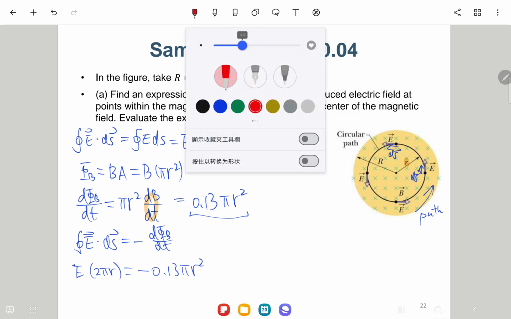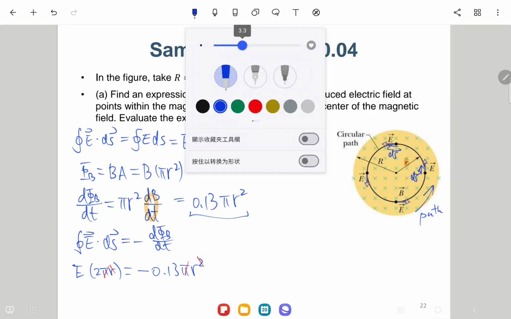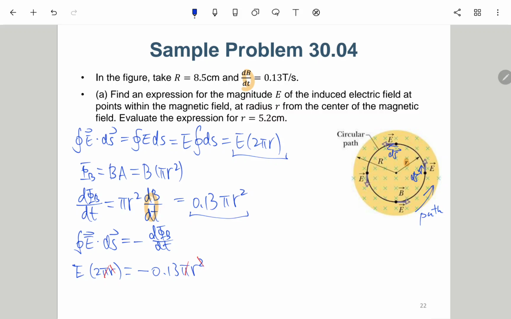Okay, so we can make some cancellation. Pi and pi can be cancelled, and r and this r can be cancelled. So finally, E will be negative 0.13 over 2 times r. Only r remains.